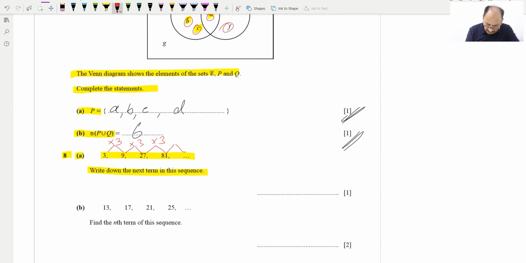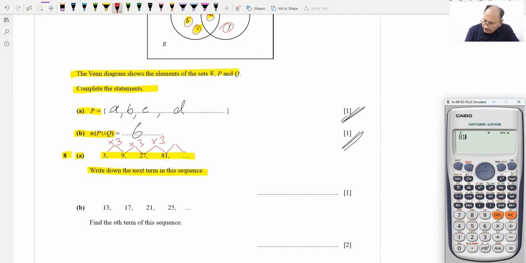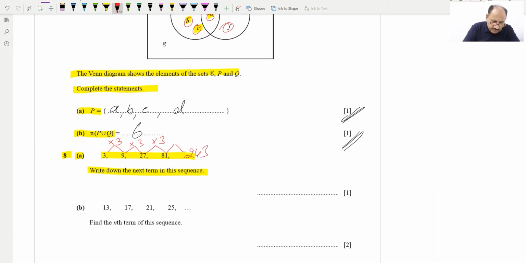Only one next term is required, so 81 multiplied by 3 equals 243. So 243 will be our answer, and this is for 1 mark.